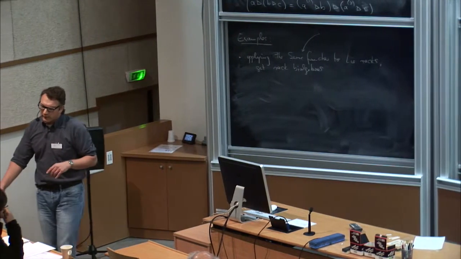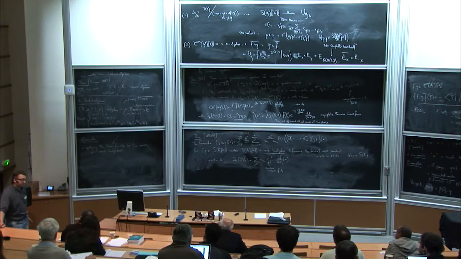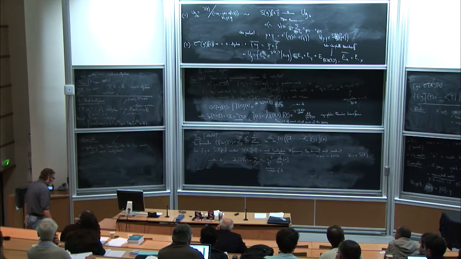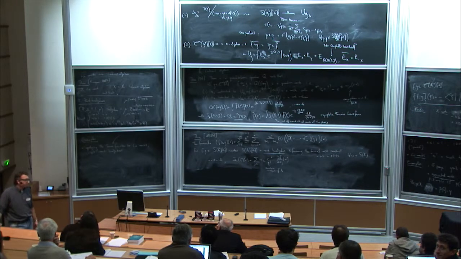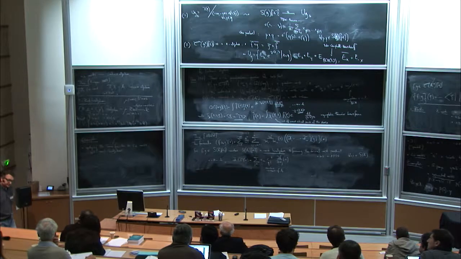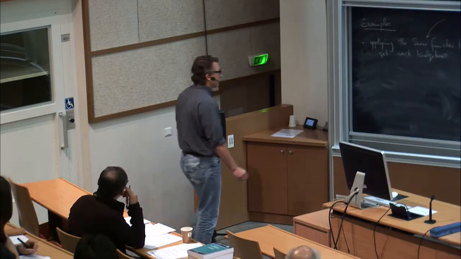We call this the Serre functor because Serre, in his book on Lie algebras and Lie groups, used it to show that the universal enveloping algebra of a Lie algebra can be gotten in this way, as pointwise distributions on the group.